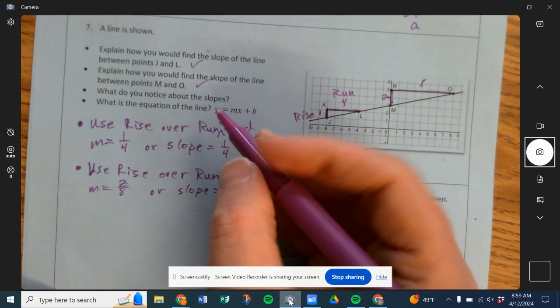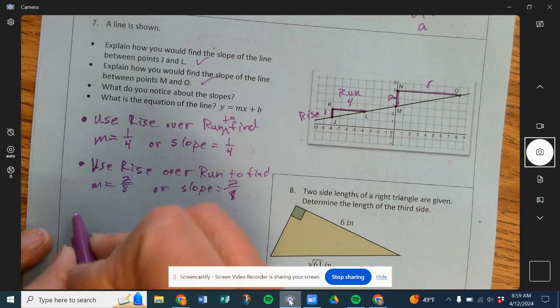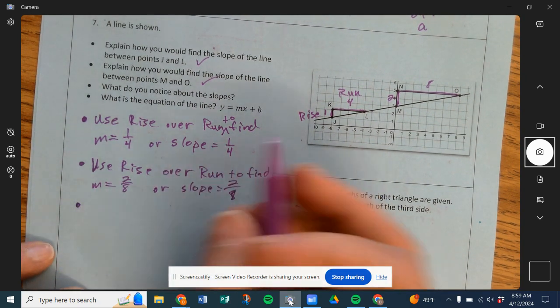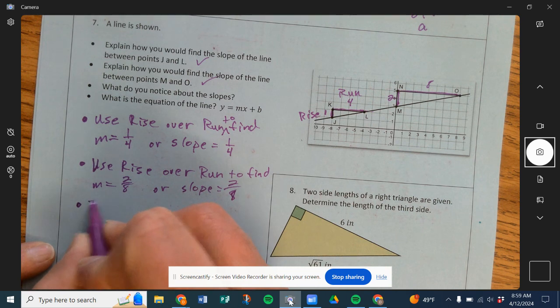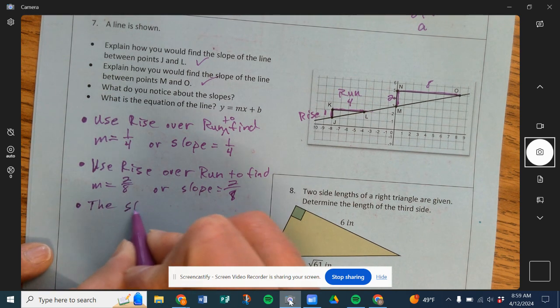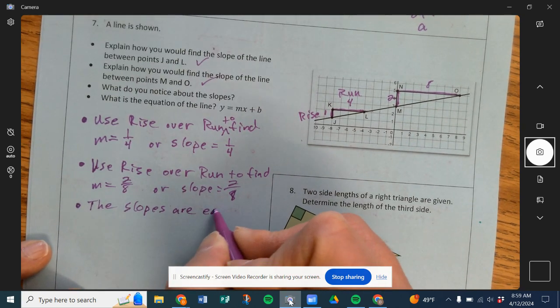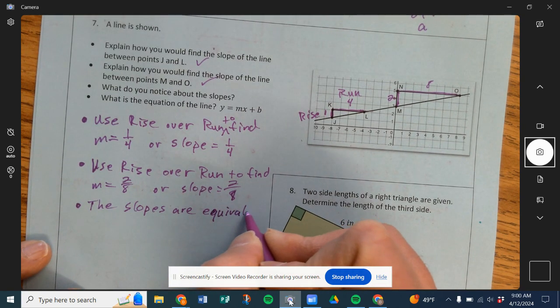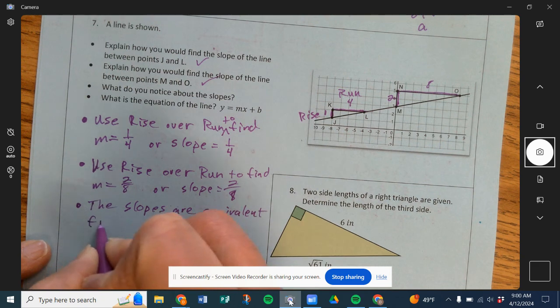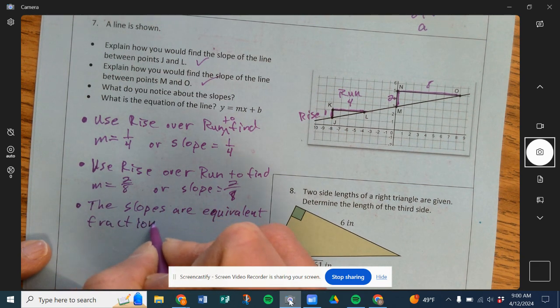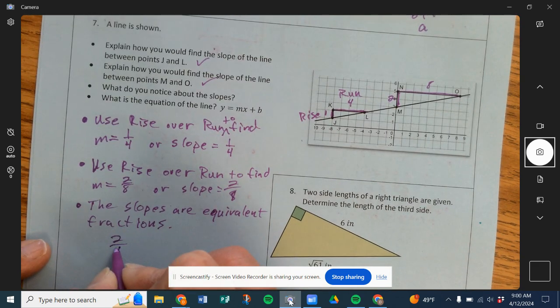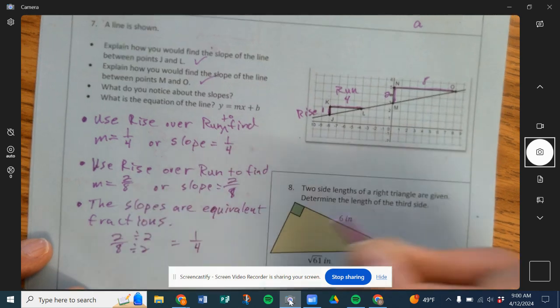What do you notice about the slopes? Well, I noticed that they're equivalent fractions. The slopes are equivalent fractions. You would take that 2/8, divide by 2 on the top and bottom, and you get to 1/4.